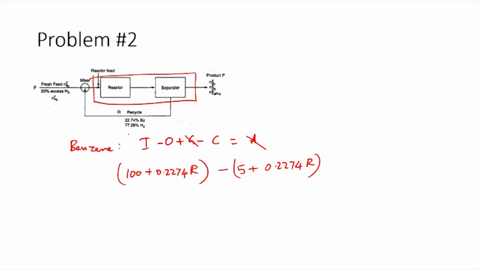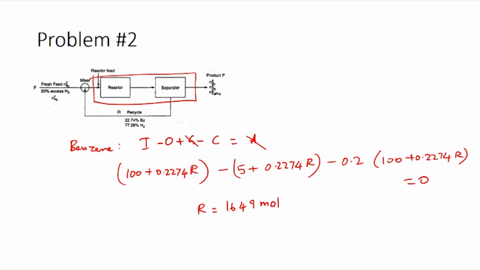and the amount of benzene consumed would be based on the single pass conversion. Single pass conversion has been given as 20%. So, 20% of the benzene entering into the system would have been converted. So, using that we can calculate the consumption as 0.2 times the amount of benzene entering, which is 100 plus 0.2274 R. So, this is equal to 0. So, using this equation we can calculate the value for R as 1649 moles.